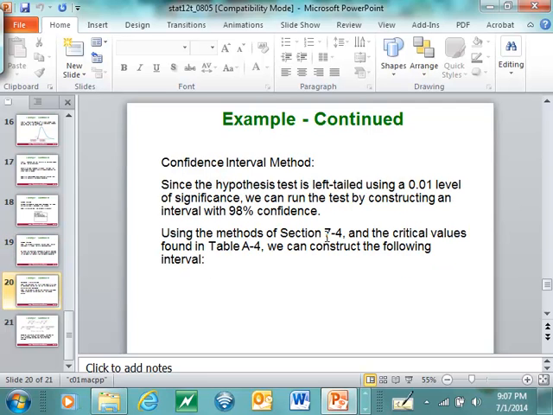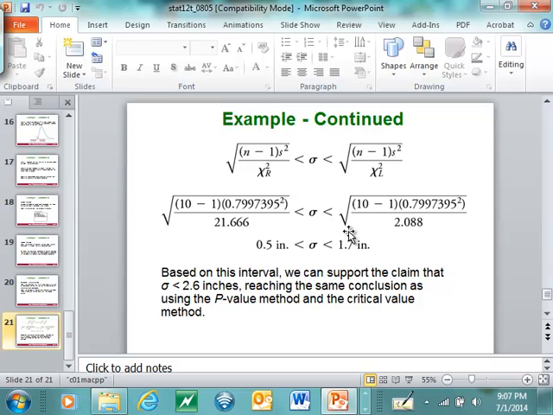Now, if we had already calculated a confidence interval, suppose that we did a 98% confidence interval using the methods of 7-4. This is what the confidence interval would look like for the standard deviation. I'll let you check the details on your own because we've already had this discussion.